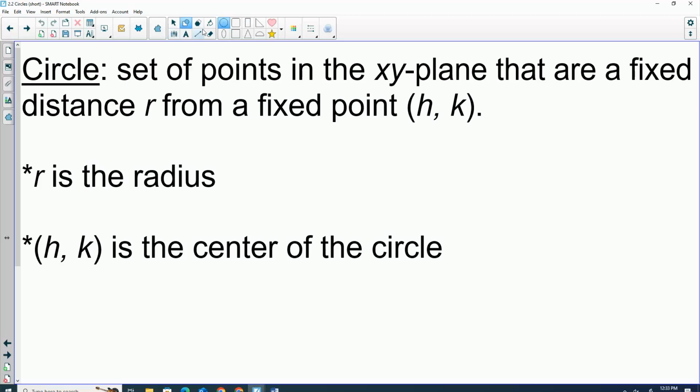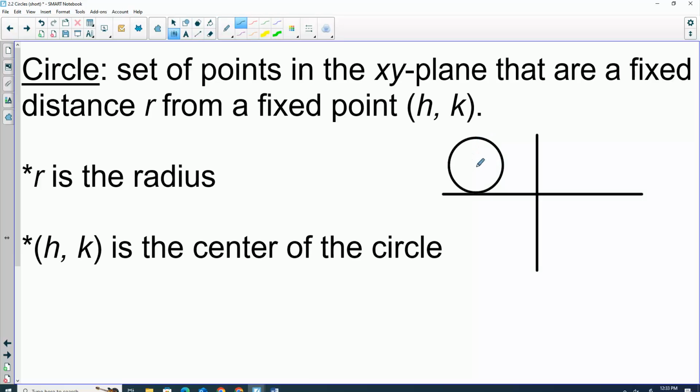Alright, what that means is if we have our XY plane, a circle is everything that is the same distance away from one point. Okay, we know what a circle looks like, right? So this point right here is called my center. That's the ordered pair HK.